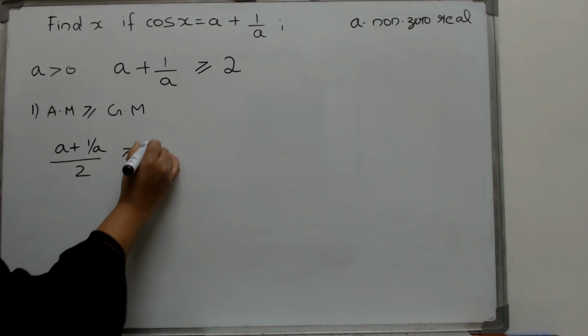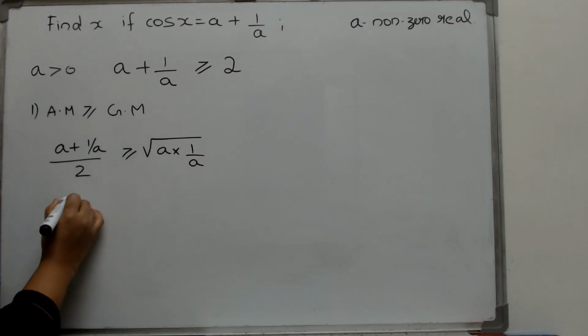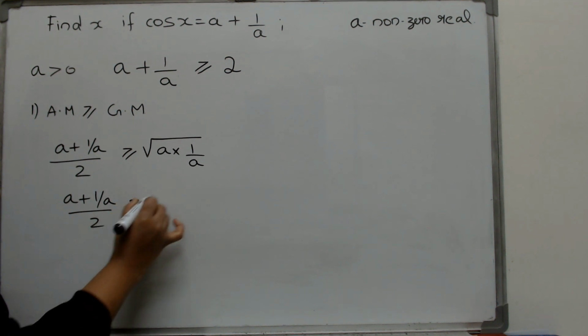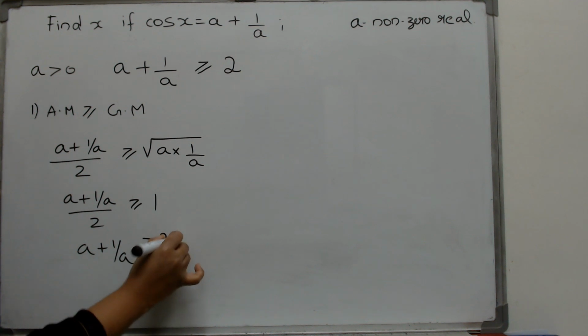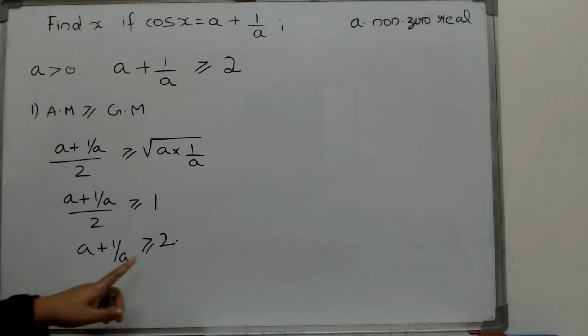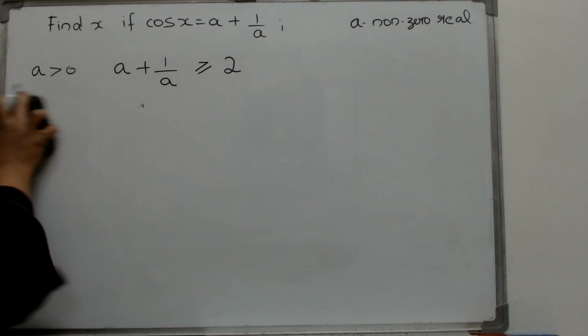That should be greater than its geometric mean, which means (a plus 1 by a) by 2 should be greater than 1 there. So whenever you add a positive number to its reciprocal, the sum should always be greater than or equal to 2. 2 is a lower limit.